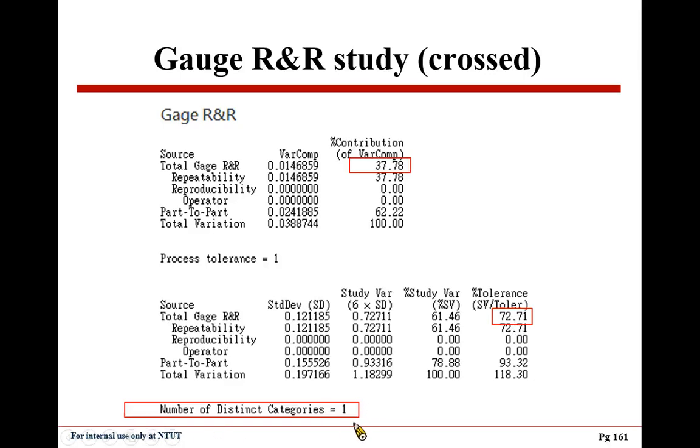The NDC is equal to 1, and we hope the NDC should be at least 5.